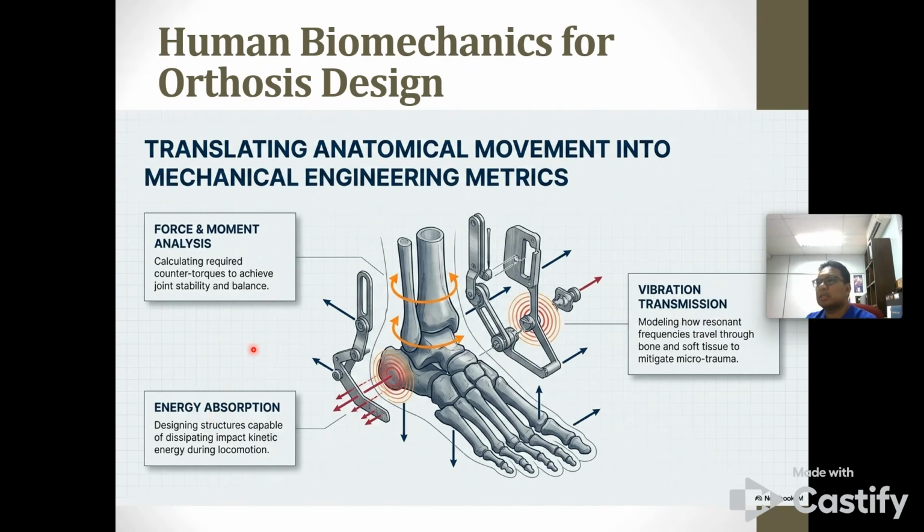This is something you can do in mechanical engineering by designing a structure capable of dissipating impact kinetic energy during locomotion. And finally, vibration transmission: you can model how resonance frequency travels through the bone and soft tissue to mitigate micro trauma. These are the mechanical engineering measurements that you can do before you come out with your orthosis device design.